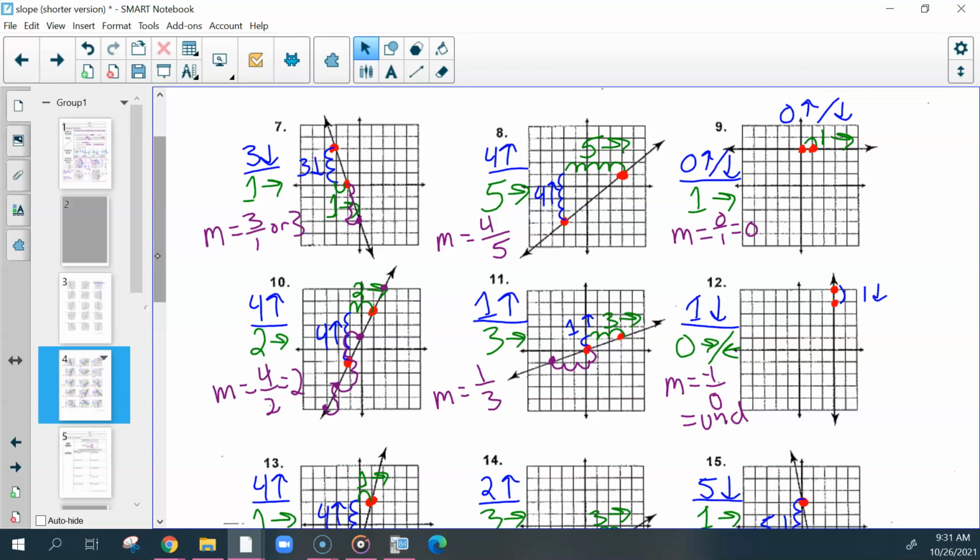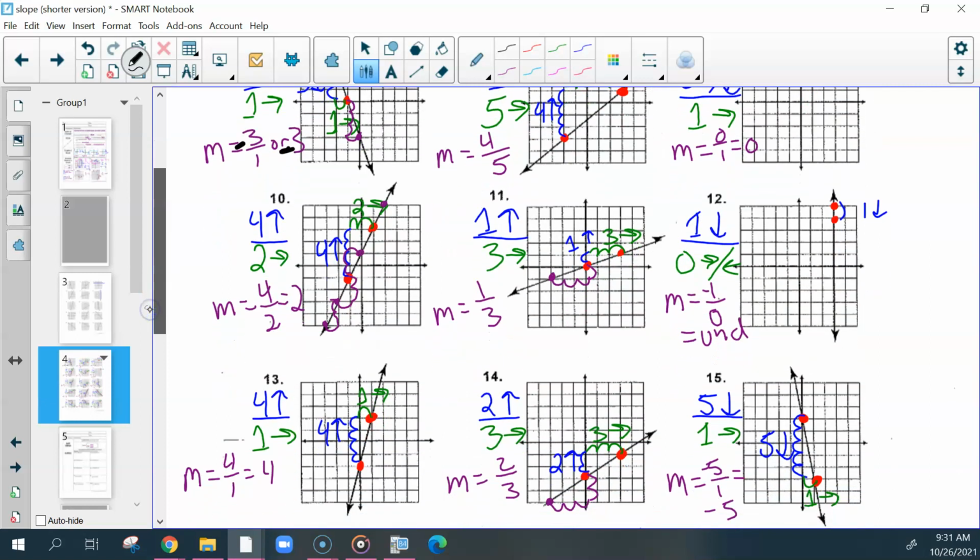Okay, so I'll just read them out loud and I'll go through them. 7 should have been -3. 8 was 4/5. 9 was 0. 10 was 4/2, which simplified to just 2. Wait, the numbers are off. Yeah. Start with number 5. Okay, my bad.